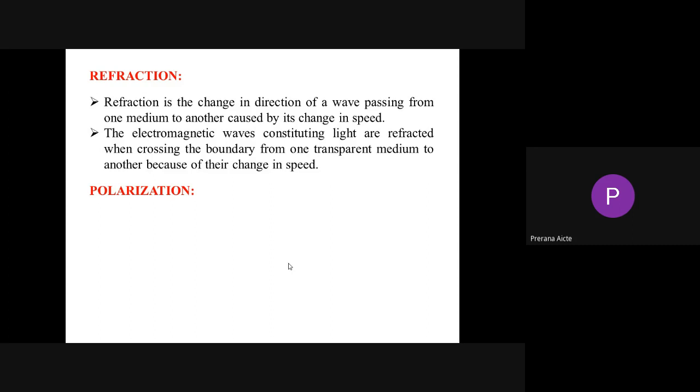While the wave is propagating from ground station to satellite, it penetrates the different layers: tropospheric layer, ionospheric layer, stratospheric layer, and so on. Each time the wave crosses from one layer to another layer, it will bend.